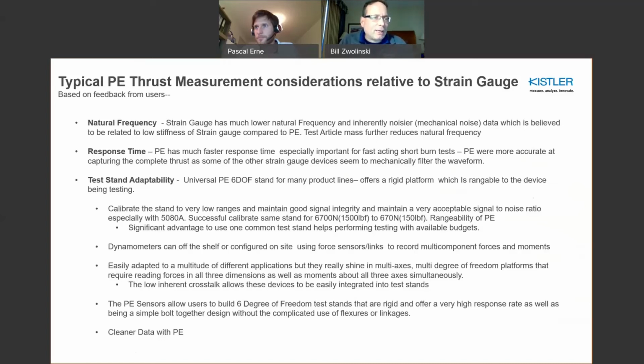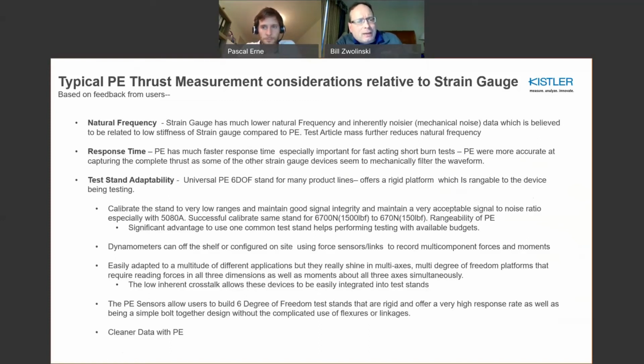Certainly, the other feedback I got is test stand adaptivity, because when budgets are tighter and tighter nowadays, they argued with me anyway that there's a common platform that can be ranged for various product lines that are being tested. So that offered an advantage as well. Certainly, calibrating test stands in this way would also be one of the things that you'd want to do, and be able to calibrate for low level and high level. And this is certainly achievable with a piezoelectric solution.